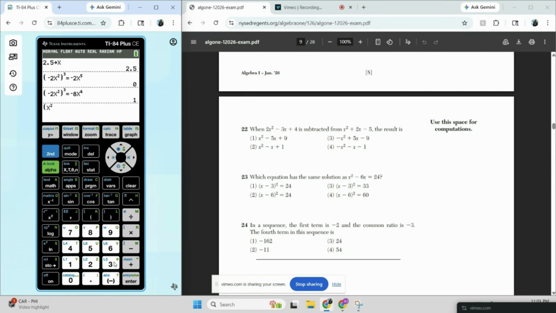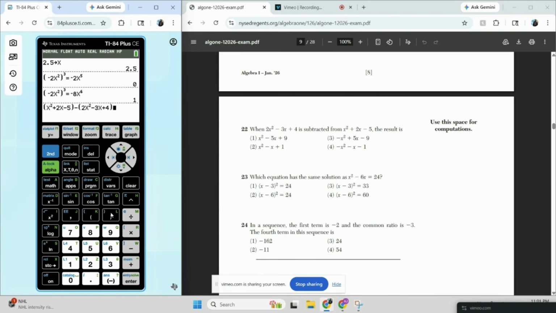I got x squared plus 2x minus 5. From that, I'm going to subtract 2x squared minus 3x plus 4.